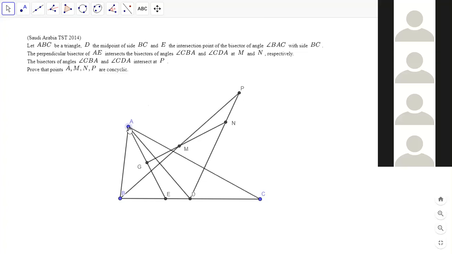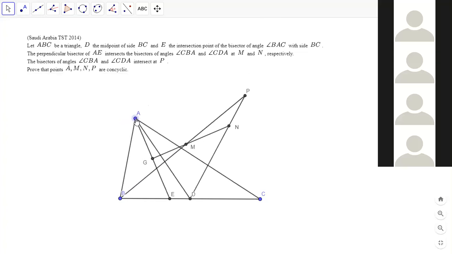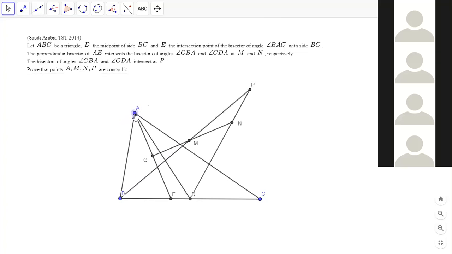So how would we prove it's cyclic? Should we let AP and MN intersect at a point?